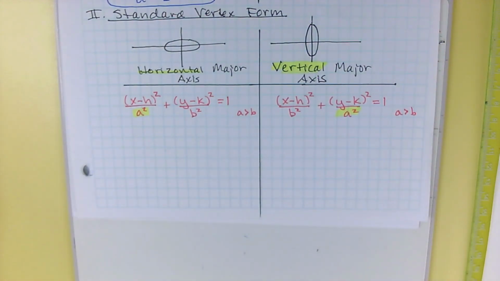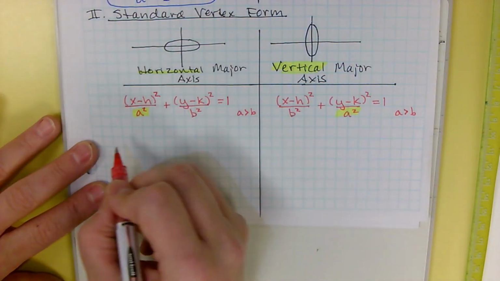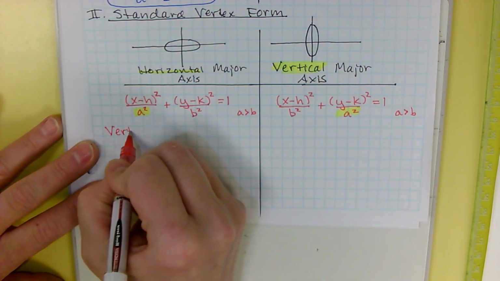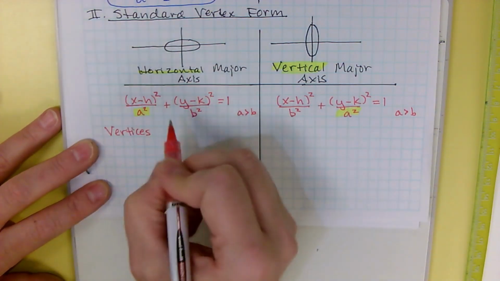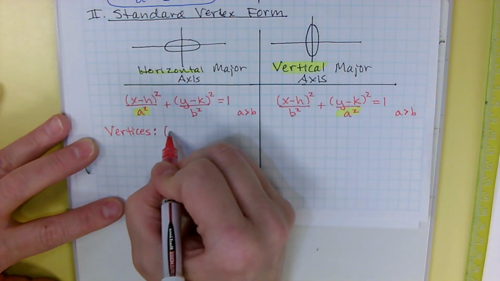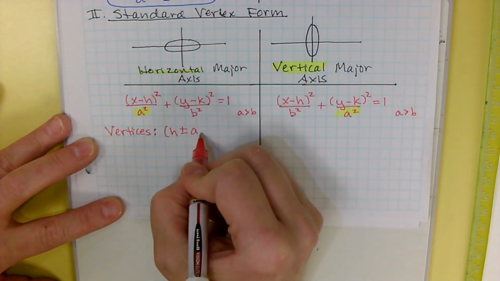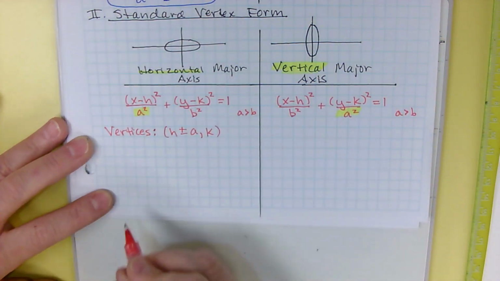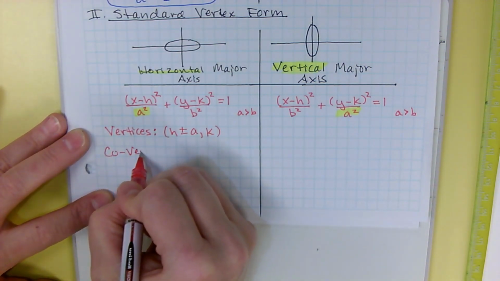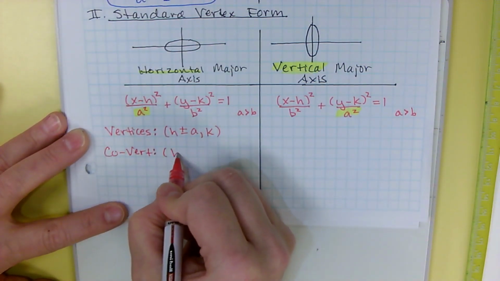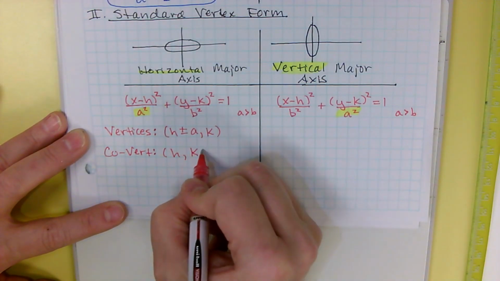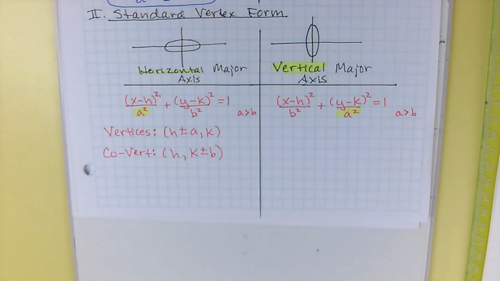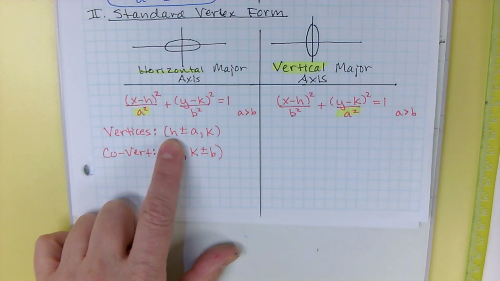Now, much of what we're going to do is just counting spaces on a graph, but there are formulas for vertices and co-vertices, and I'm going to give those to you so you have them. So for the vertices, back to the horizontal major axis, the vertices are h plus and minus a, comma k, and the co-vertices are h, comma k plus minus b. So for the vertices, you're going right and left.